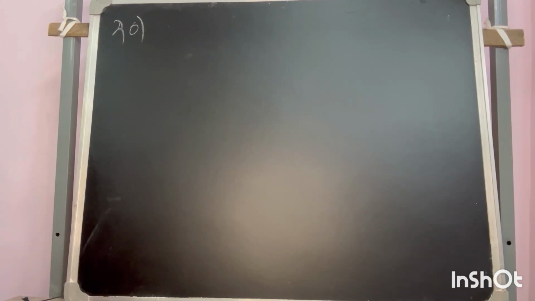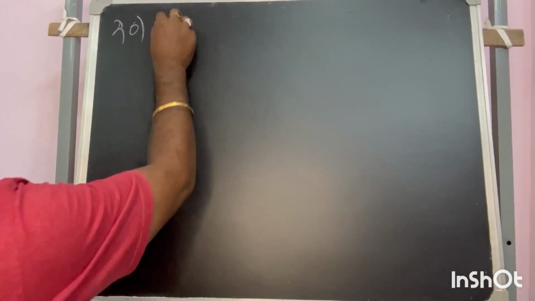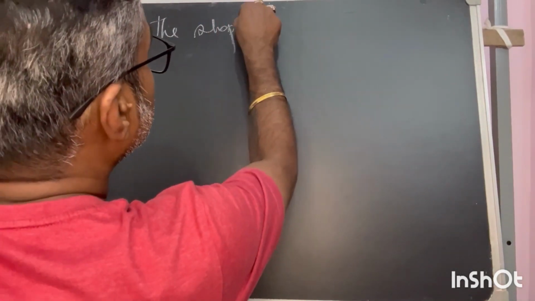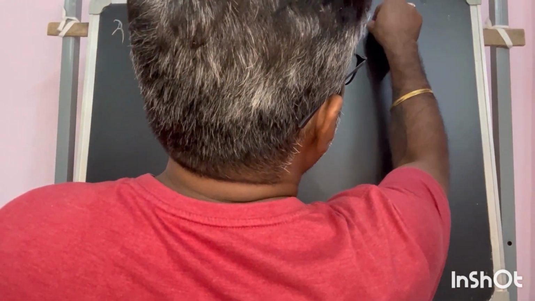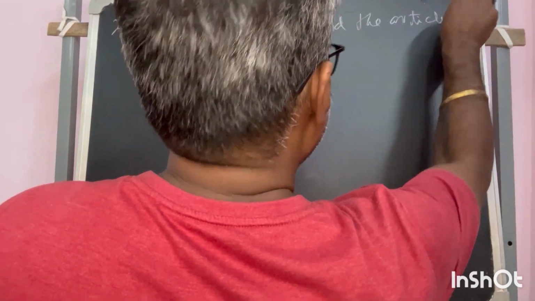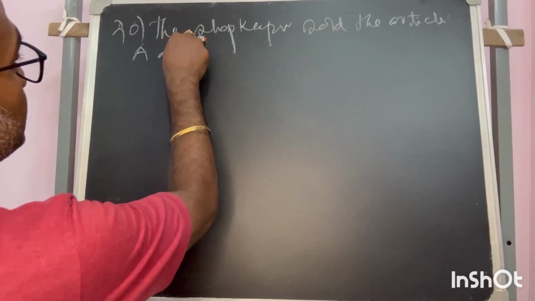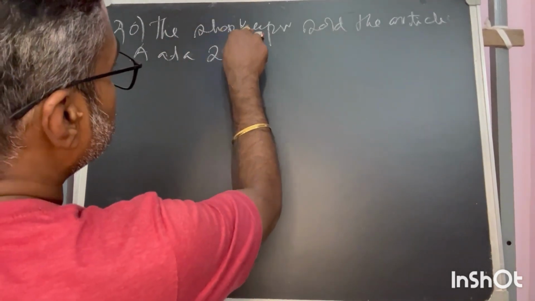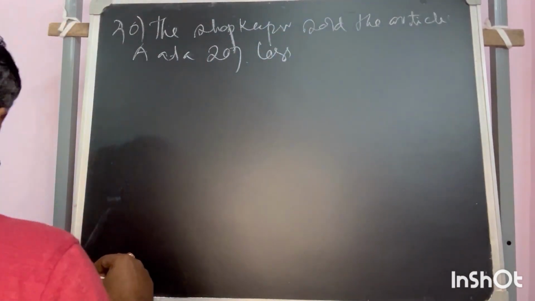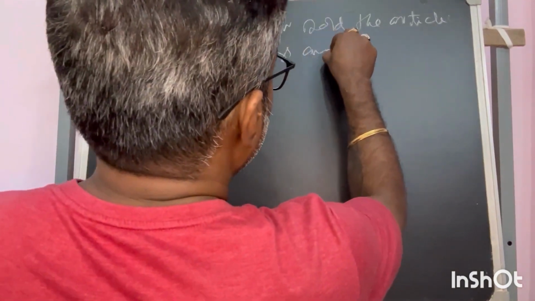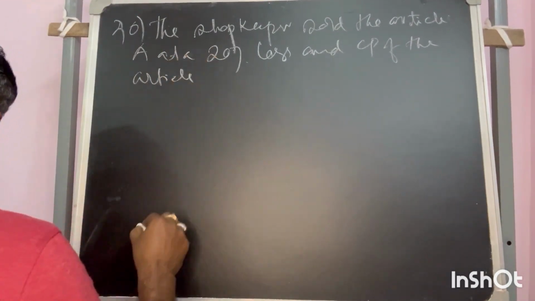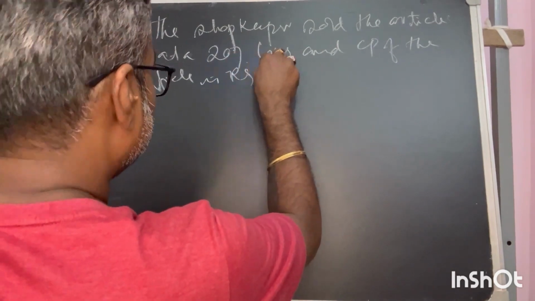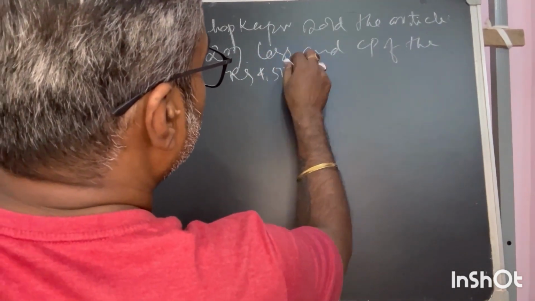The article. So with that amount he got P and so, okay, the shopkeeper sold the article A at a 20% loss, and the cost price of the article, CP of the article, is rupees 4,500. Okay, 4,500.